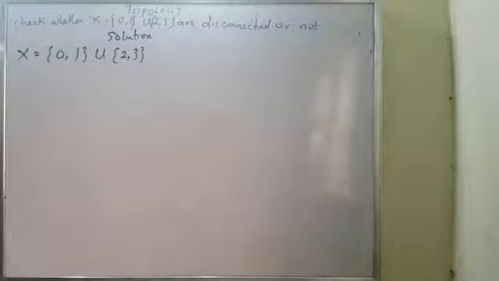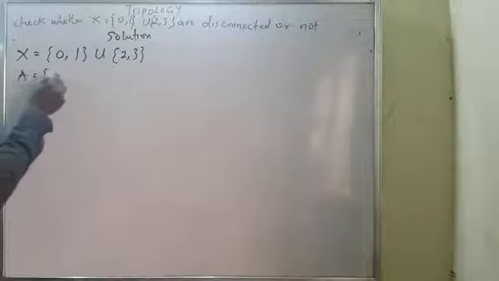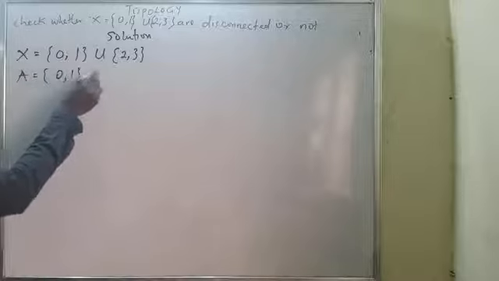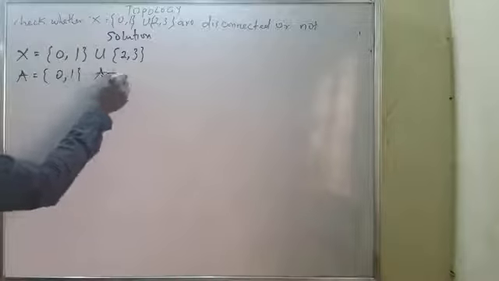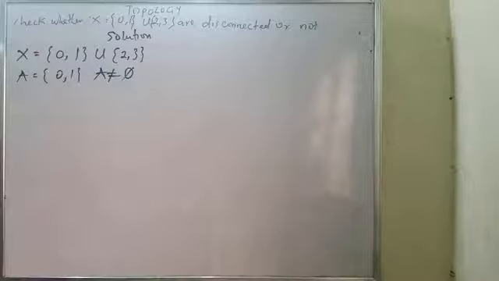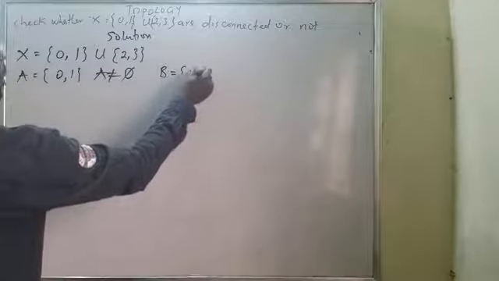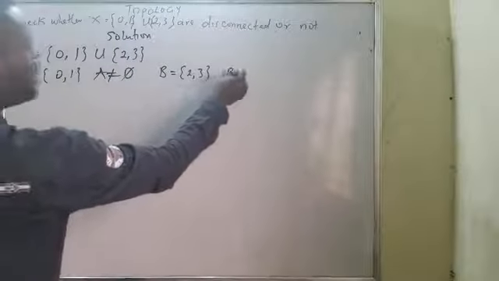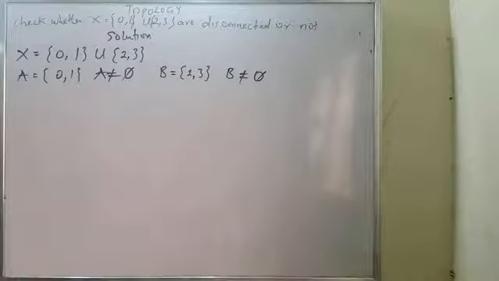Since I have this, I can say that A equals the interval 0 to 1, so A is not empty. And B can be equal to the interval 2 to 3, so B is also not empty. Take note of those things.